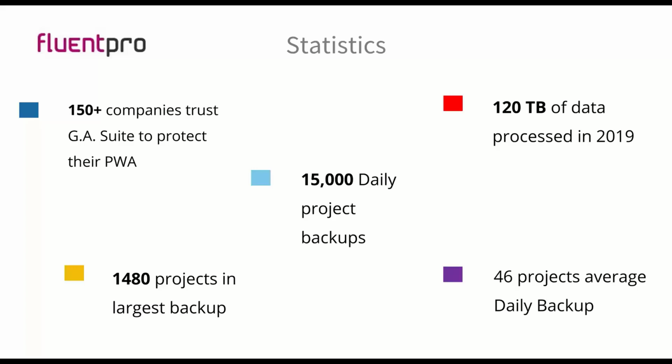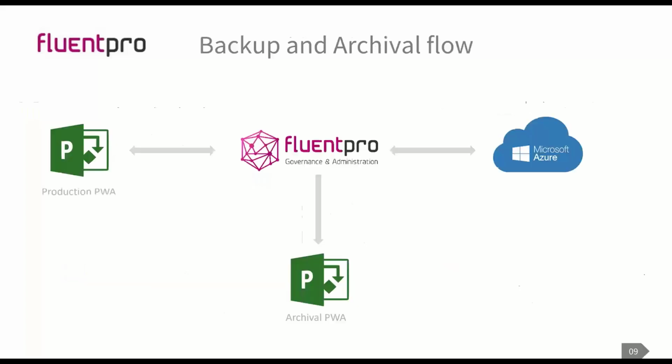I would say the average customer has approximately 300 projects, and on average they have about 50 active projects on the daily backups, because you have an option to optimize what you have. You do not have to make a full snapshot every day, and we'll cover that a little bit.